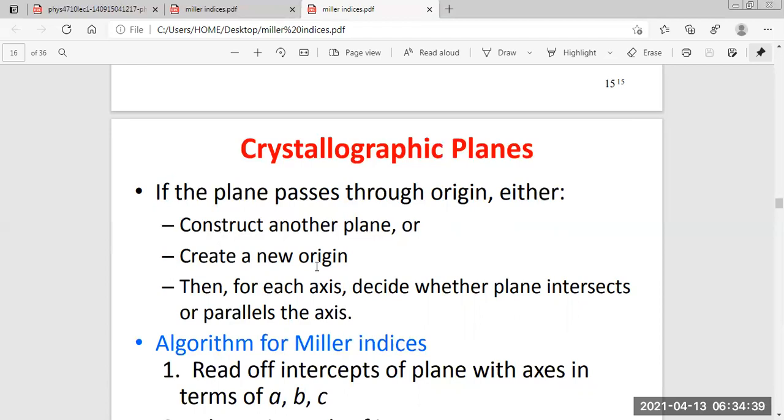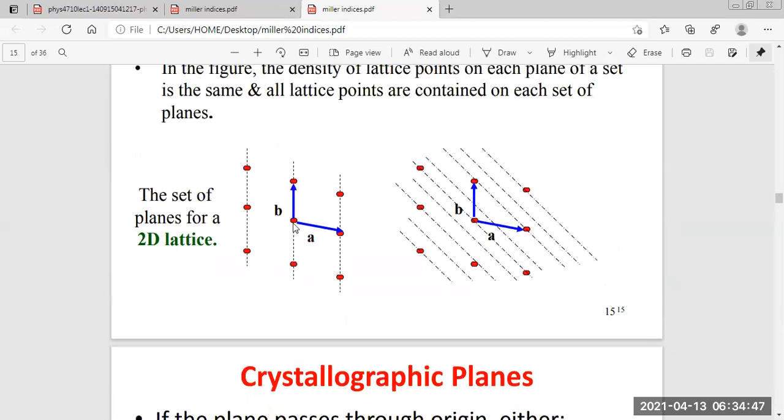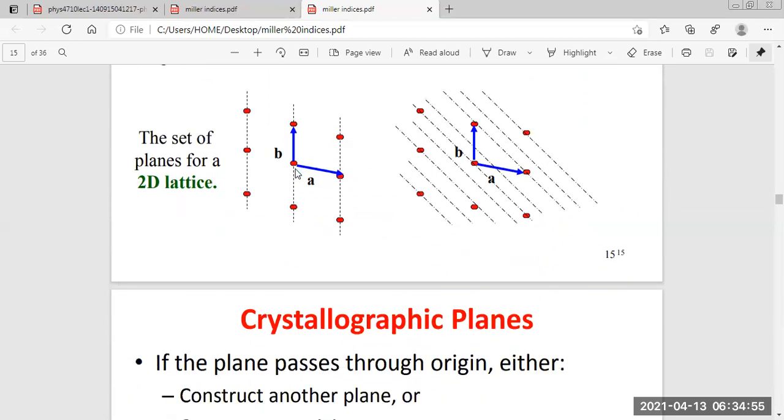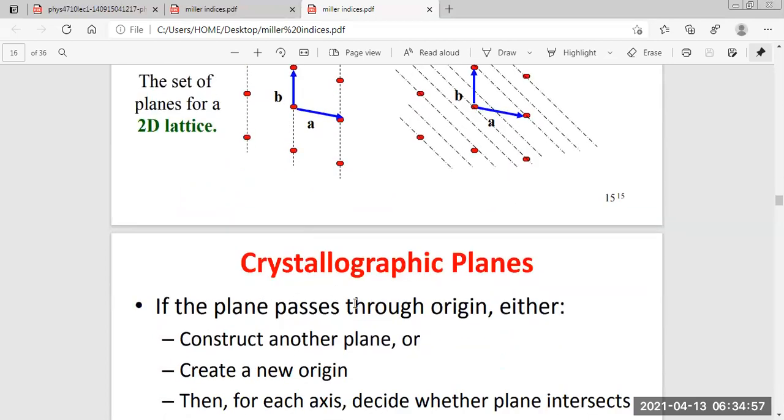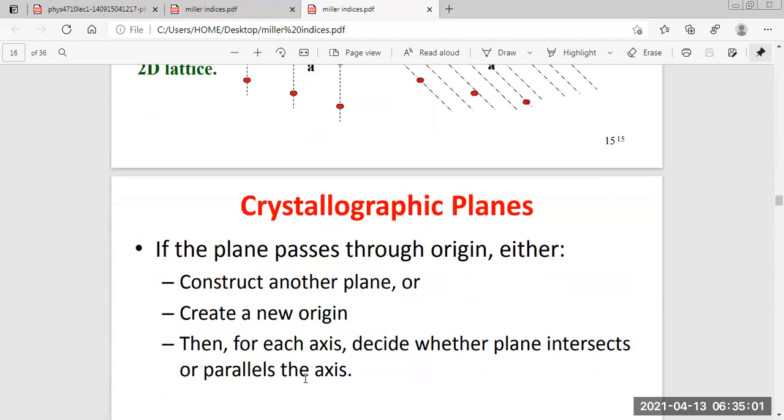If the plane is passing through the origin, either you need to construct another plane. First of all, it should not pass through the origin. See, my origin is here. This is my origin, and this is my plane, right? So first of all, I need to choose the origin, and if the plane passes through the origin, I need to construct another plane and create a new origin.